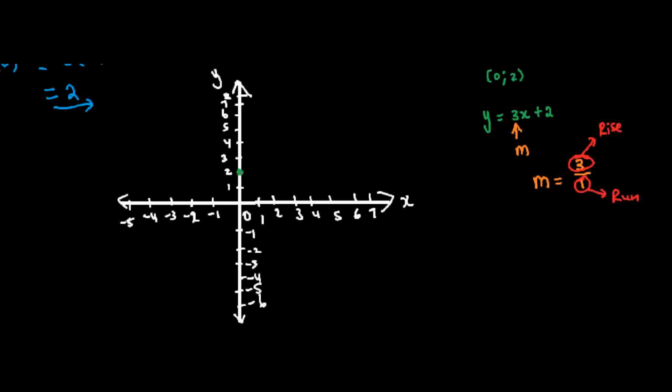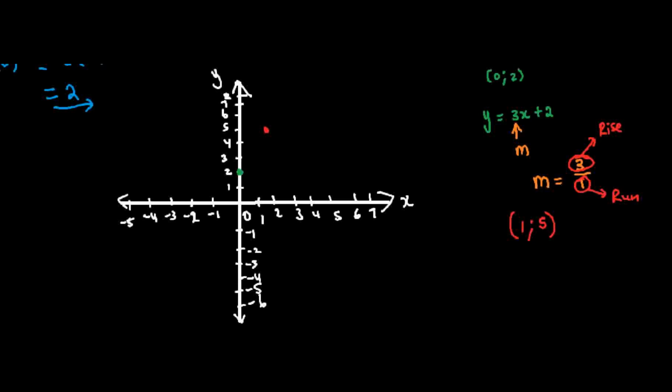So currently the coordinate is 0, 2, and the next coordinate is going to be: 0 plus 1 gives me 1, 2 plus 3 gives me 5. So it's 1 and 5. That's my second coordinate.